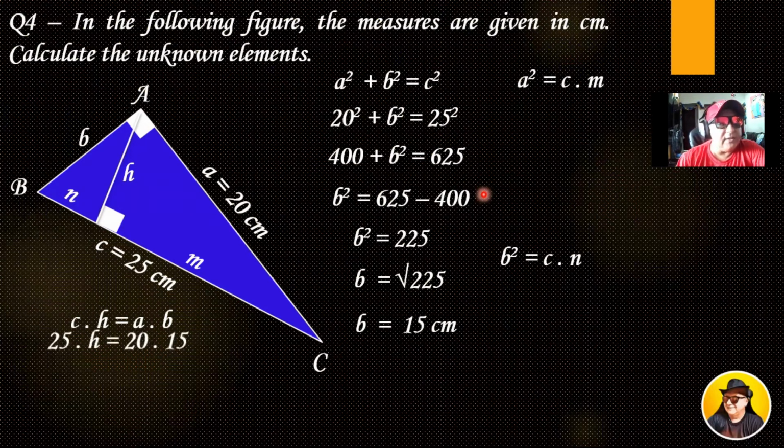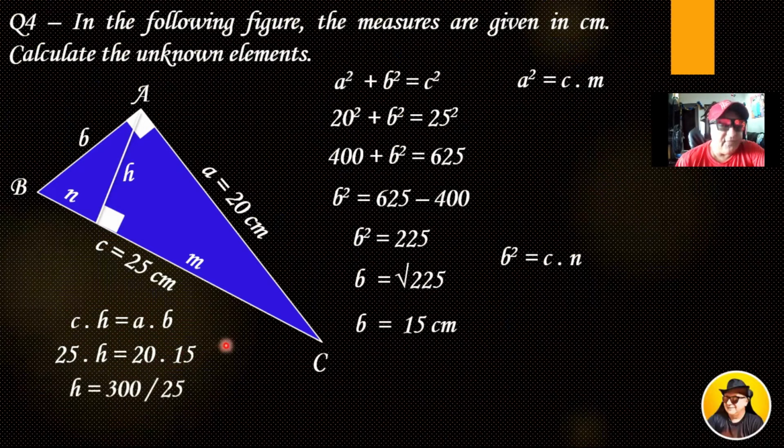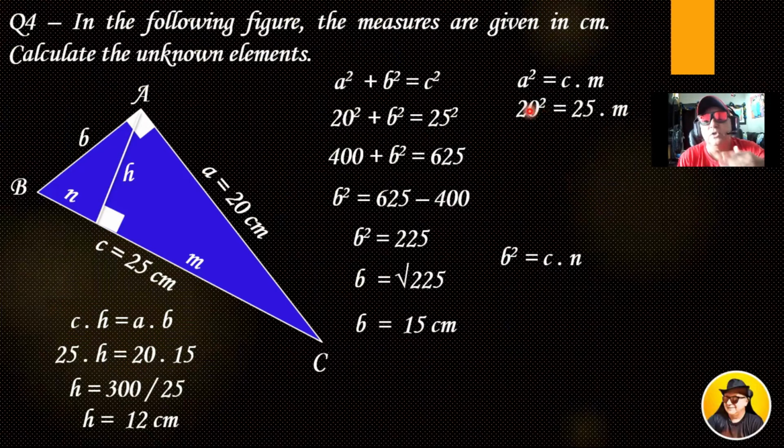Now let's calculate H, because we already know that B is 15. So now we have to do 20 times 15, which is 300. And dividing 300 by 25, we know that the altitude is 12 centimeters, all right? Let's go ahead and calculate M. So A is 20, and 20 squared is 20 times 20.